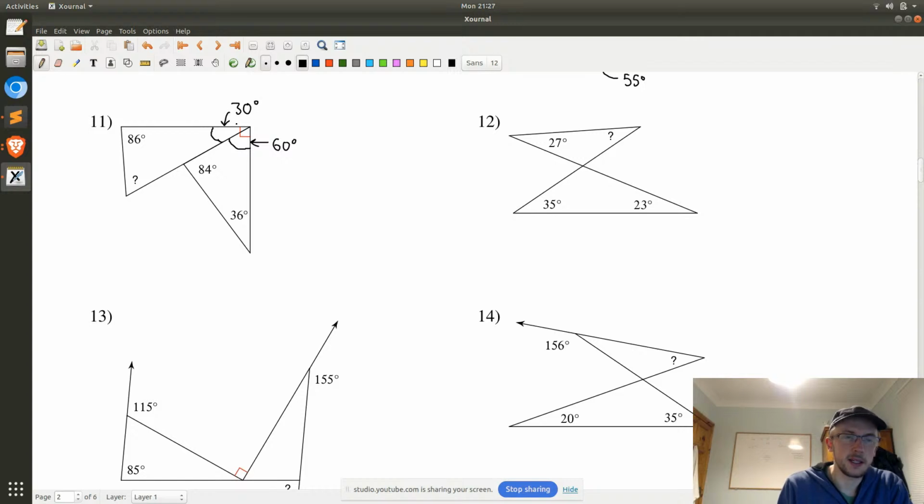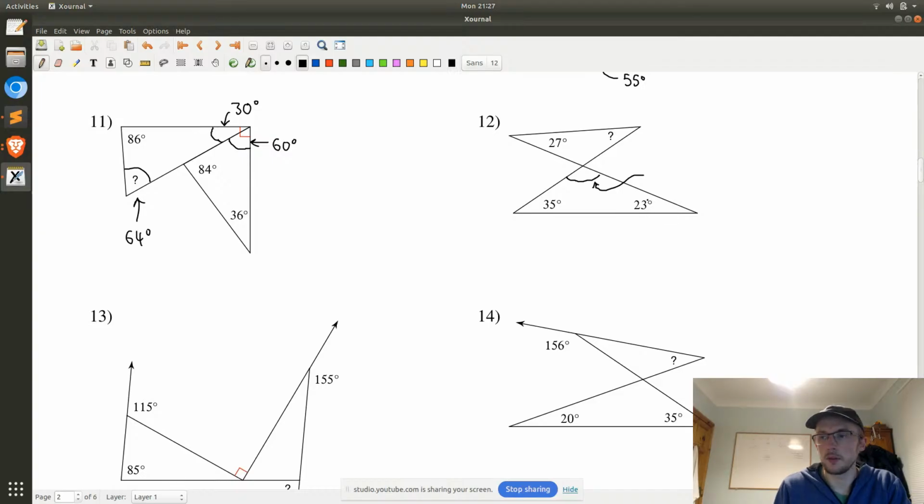86 add 30 is 116. Take that away from 180, and the result is 64. This angle here, well, 35 add 23 gives 58.